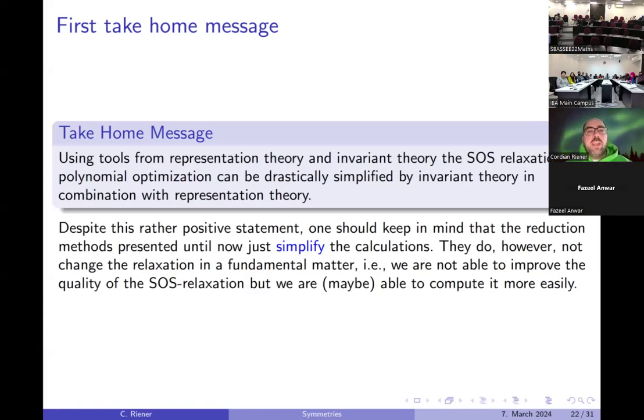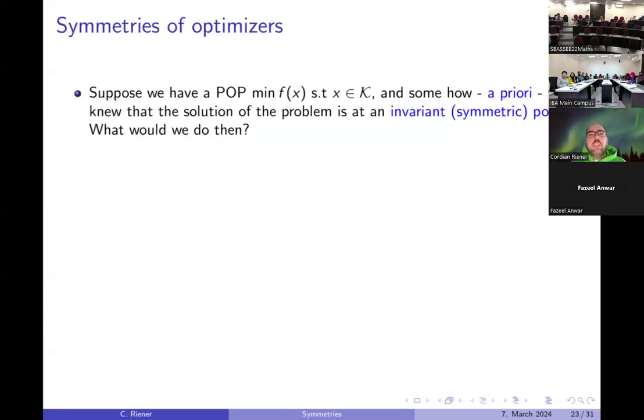So I want to spend the last 5 minutes emphasizing something completely different. Suppose I have a polynomial optimization problem again, and suppose that somebody, let's say again Carlos, because he's a magician and a Jedi master, knows a priori the symmetry of the solution.